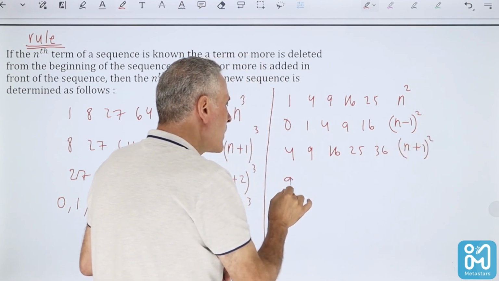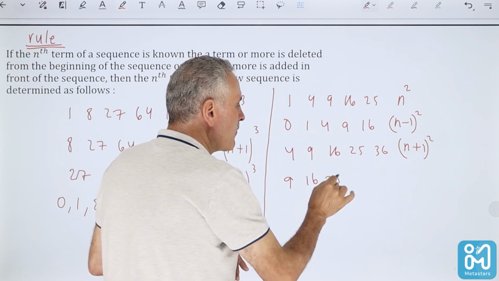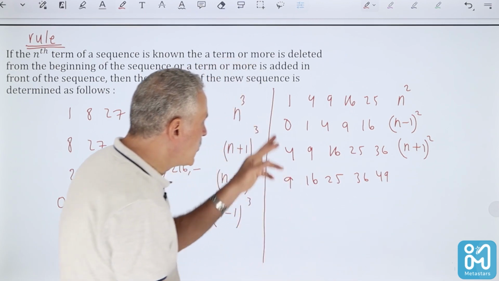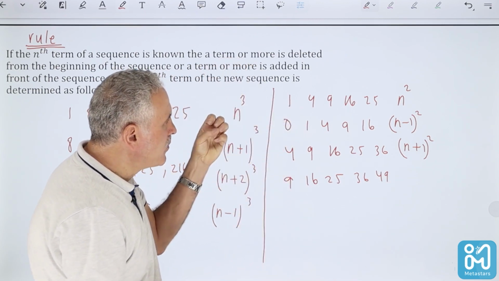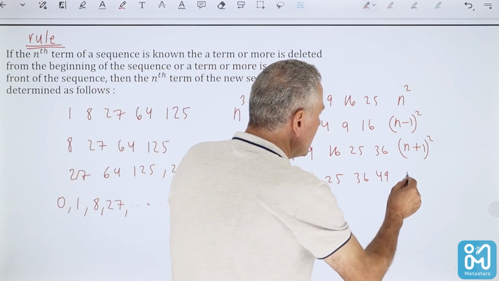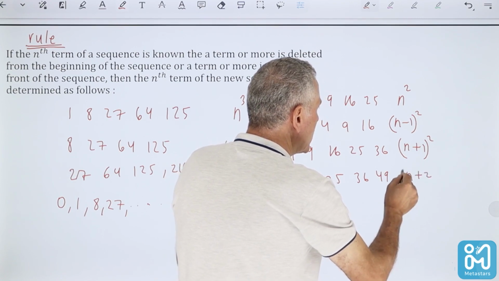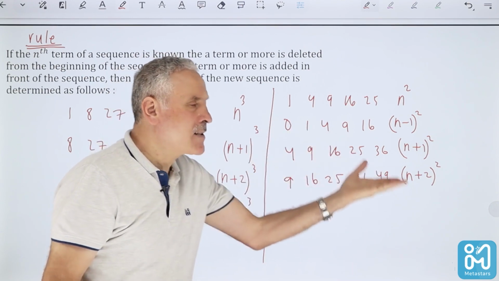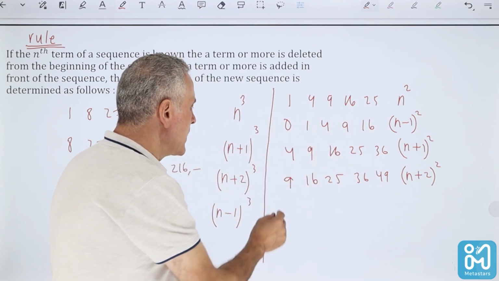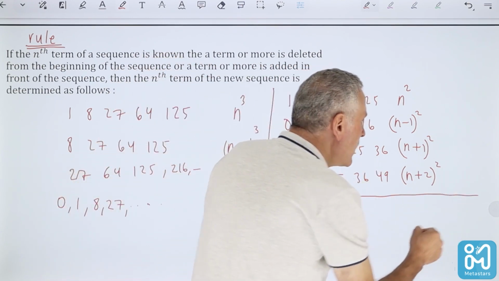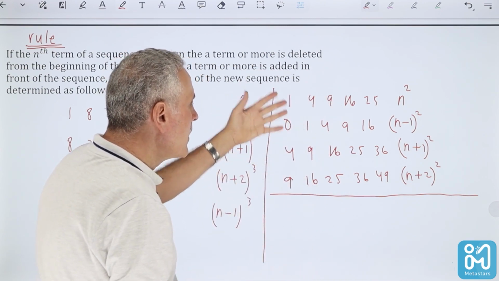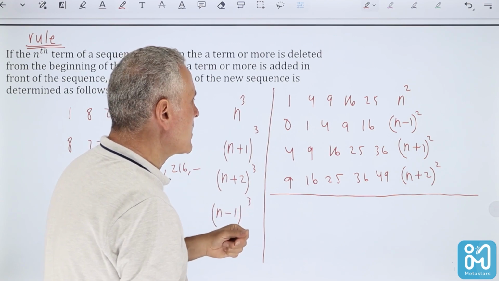If you have 9, 16, 25, 36, 49, that is 2 of these terms are removed, so you'll have n plus 2 all squared. When you remove a value, you add 1 to n. These are very frequent sequences we'll see in the externals.